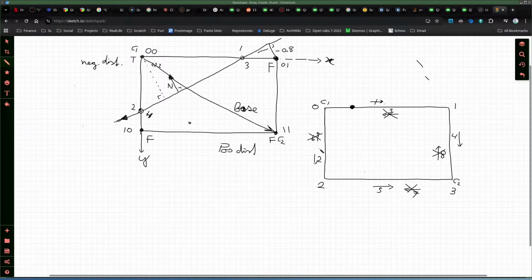So I still have like, let's say I could have a line like this, or a line like this, or a line like this, having the other intersection points there, or there.